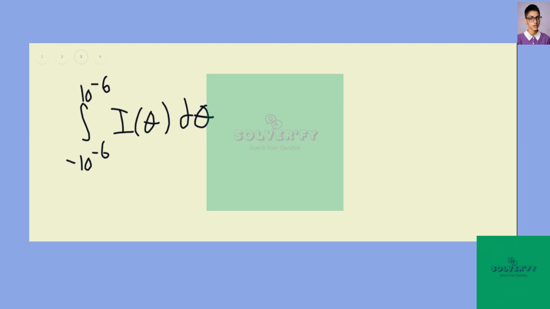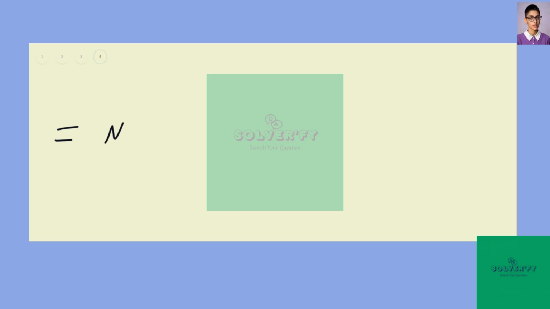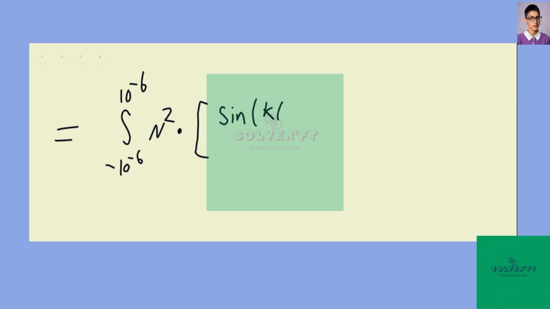And that's equal to the integral from -10 to the -6th to 10 to the -6th of n squared times sine of k of theta over k of theta, all squared d theta.